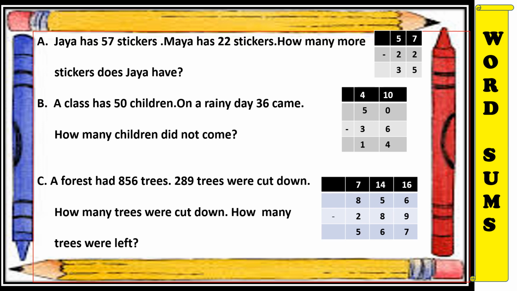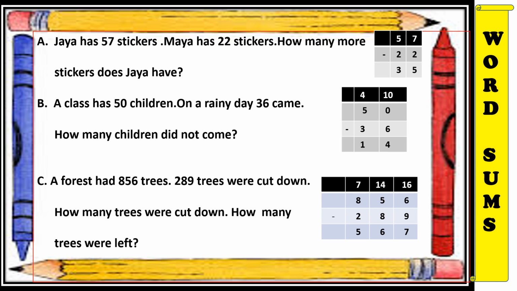B. A class has 50 children. On a rainy day, 36 came. How many children did not come? 50 minus 36. When we go to subtract 6 from 0, are we able to subtract it? No. So we will borrow one value from tens.